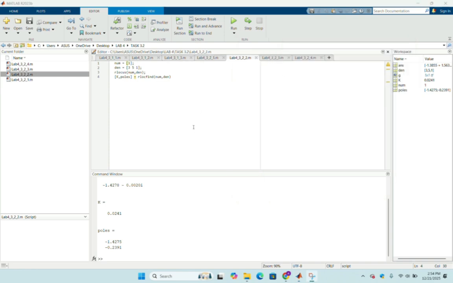Okay, next for question 3.2.2, my numerator is 1 and the denominator is [3 5 1], the same as the previous question, because we want to find the k and the poles.